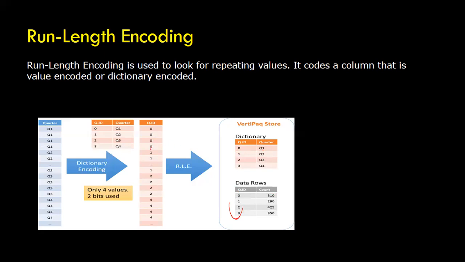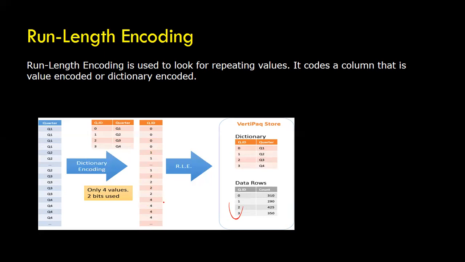And Q2 is 1 here. Wherever Q2 is there, it puts 1. This is how it does the encoding for the values in the original column, so that the range of values in your transformed column is going to be very small.